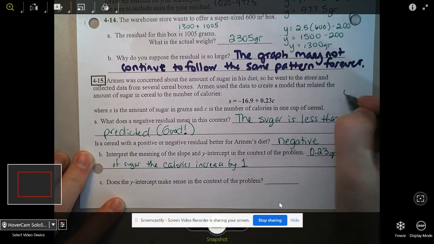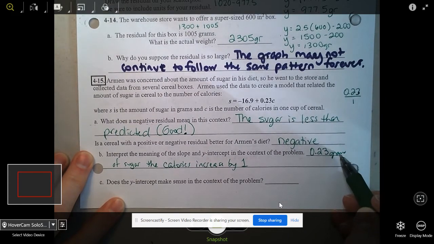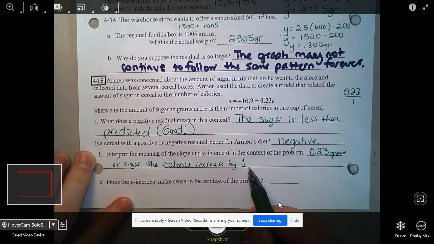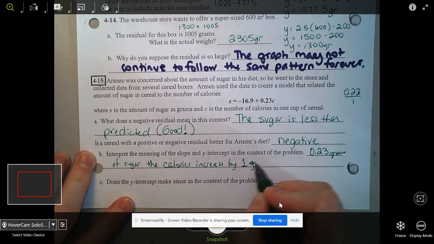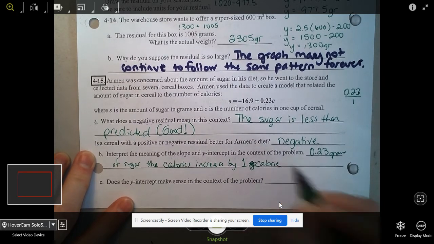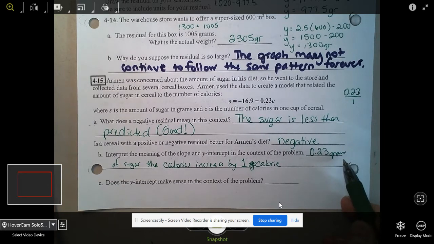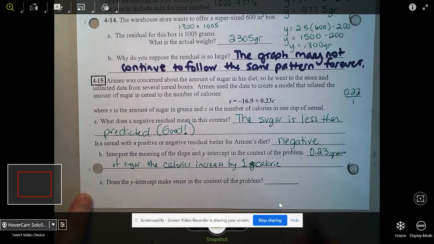Because it's 0.23 over 1. So you're saying grams of sugar go up by 0.23 for every 1. And is everything measured in grams? I believe it was. It would be for every 1 calorie. All right, so 0.23 grams of sugar for every 1 calorie.